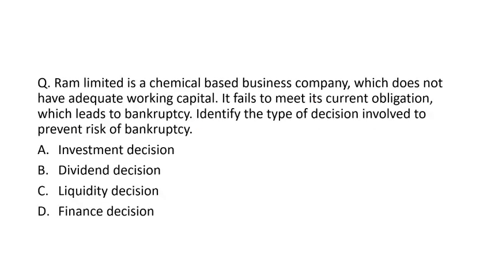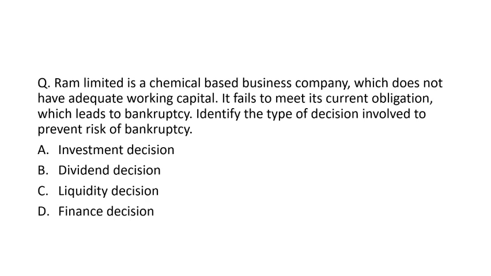RAM Limited, a chemical based business company which does not have adequate working capital, fails to meet its current obligations, which leads to bankruptcy. Identify the types of decision involved to prevent the risk of bankruptcy. So, investment decision, dividend decision, liquidity decision, finance decision.